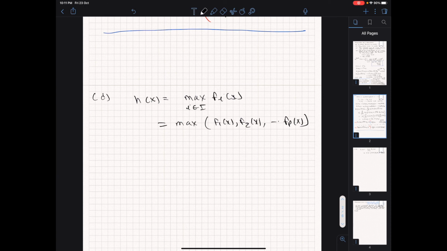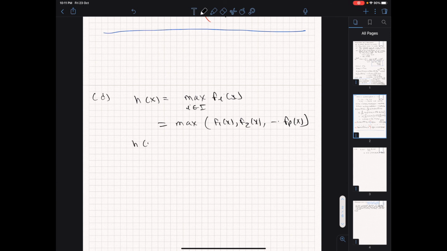Usually when we say max, we are assuming that the max is there. Otherwise, in Bertsekas they have actually used supremum, but I just simplified it a bit for our discussion. And so this is what is there.